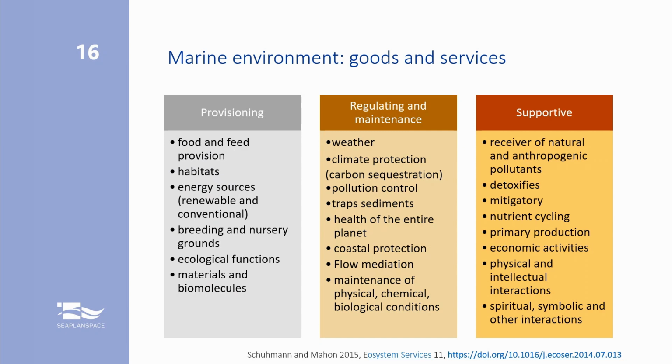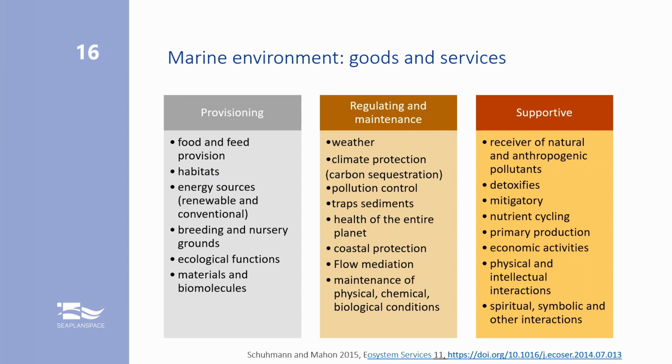Also, breeding and nursery grounds, which are connected to various habitats as well. Also, we have here several ecological functions and the presence of material and various biomolecules, or various biologically active compounds, which can actually be taken from the sea.